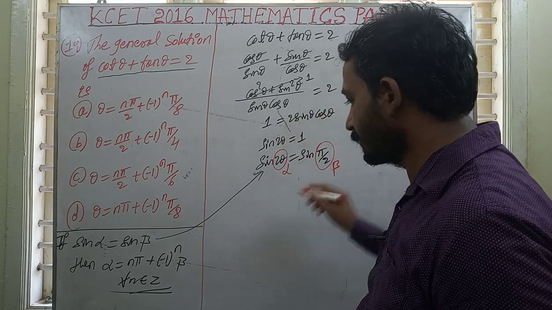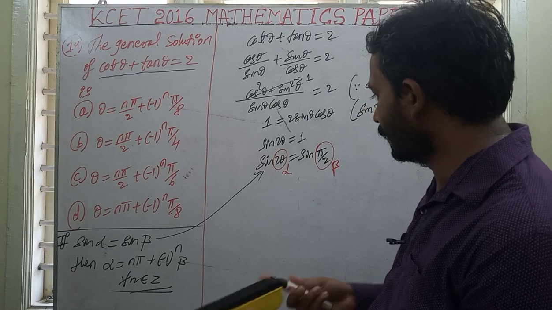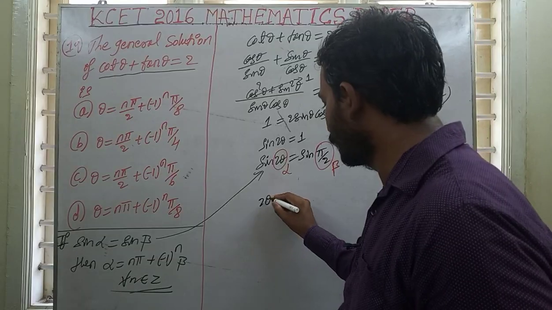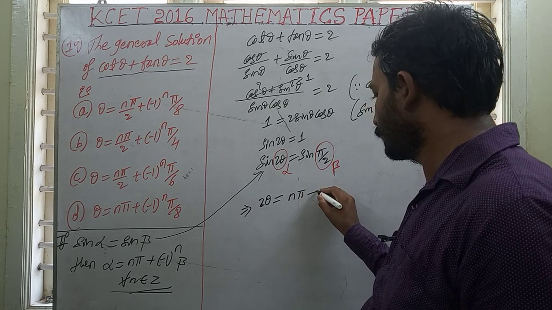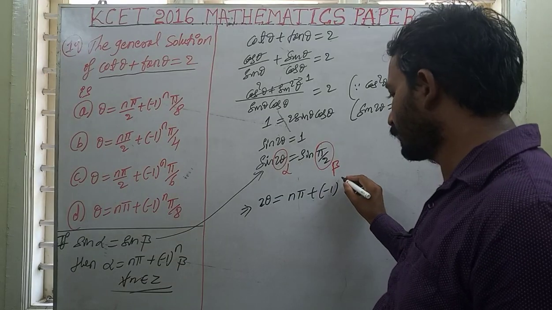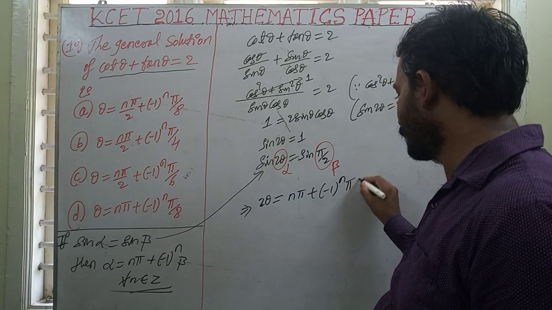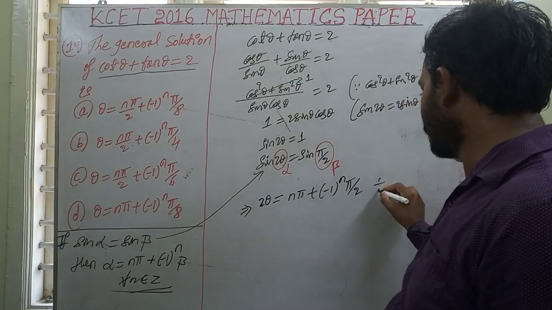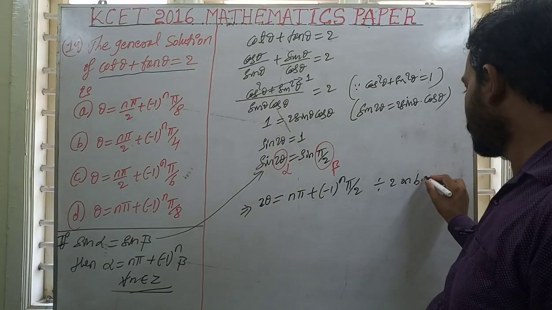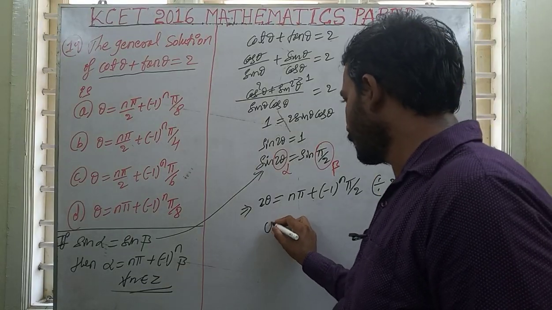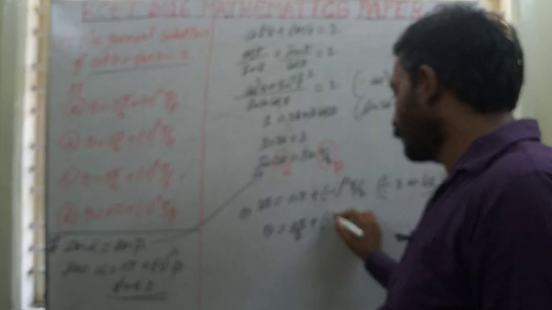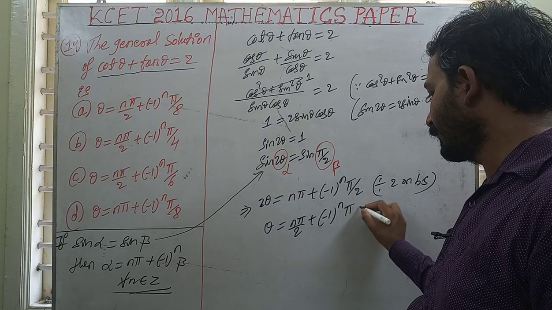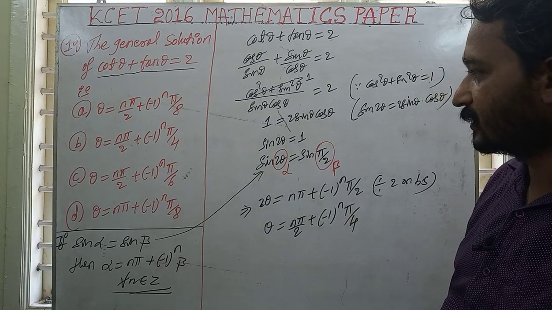So the answer is 2 theta is equal to n pi plus minus 1 to the power of n times pi by 2. Now divide by 2 on both sides, and we get the required answer: theta is equal to n pi by 2 plus minus 1 to the power of n into pi by 4. So which option is correct?